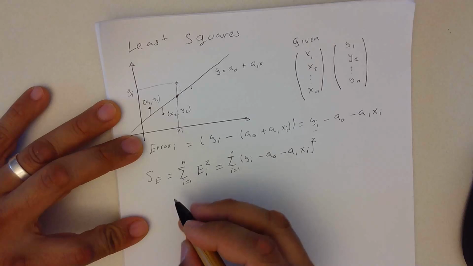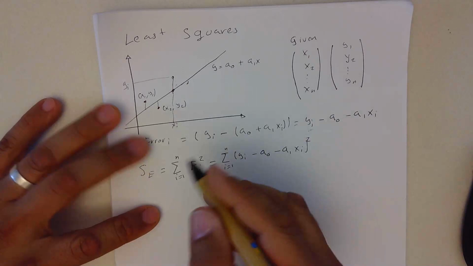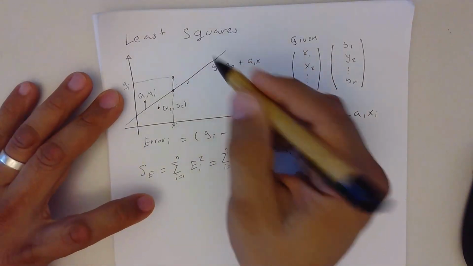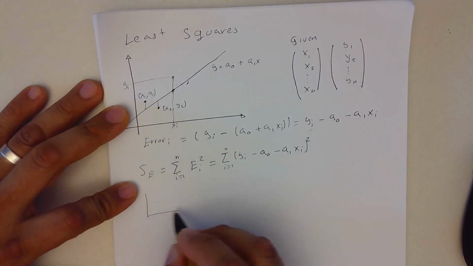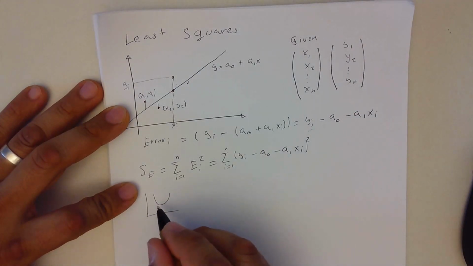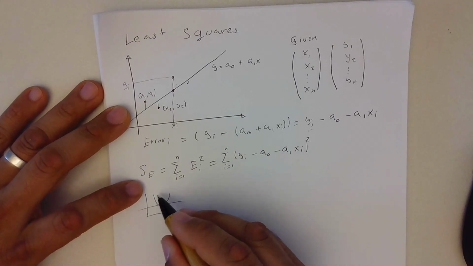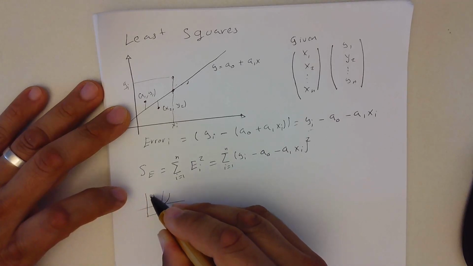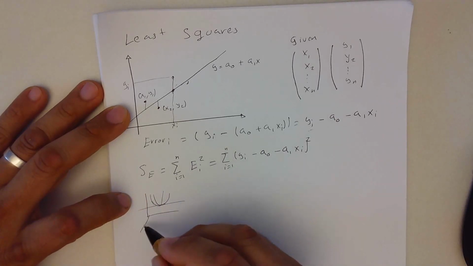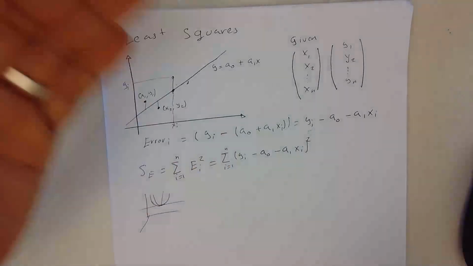Now what? We know that the tendency of the error is to go to infinity everywhere. So if I move this to one side or the other, the error will increase, but at some point there will be a place where the error is minimum. I am drawing this in two dimensions, but it is basically a surface in three dimensions, and we have to find the bottom of this surface.